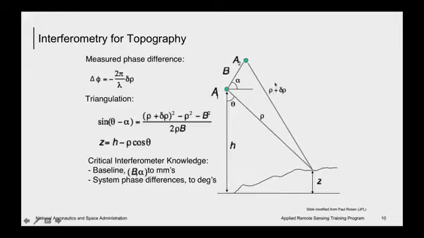The difference in phase between these two radar measurements is proportional to the elevation, as shown in this equation. The elevation is h, the height of the satellite, minus the range to the ground, times the cosine of the angle between the satellites. And we know the baseline distance.